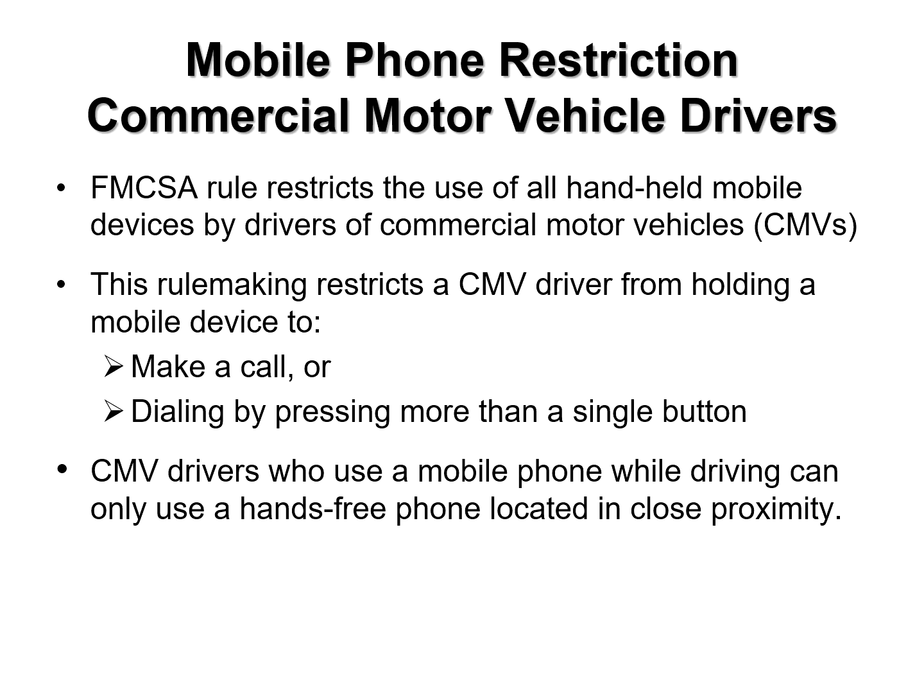This rule restricts a commercial motor vehicle driver from holding a mobile device to make a call or dialing by pressing more than a single button. CMV drivers who use a mobile phone while driving can only use a hands-free phone located in close proximity.